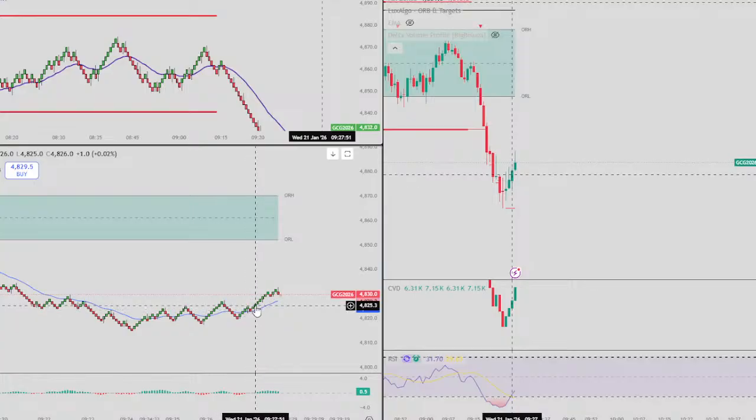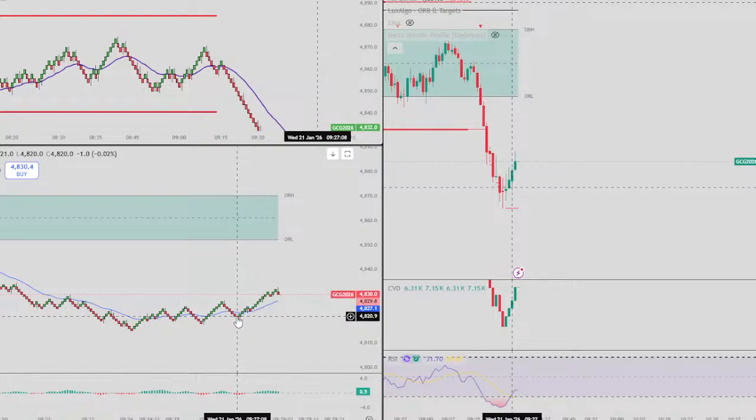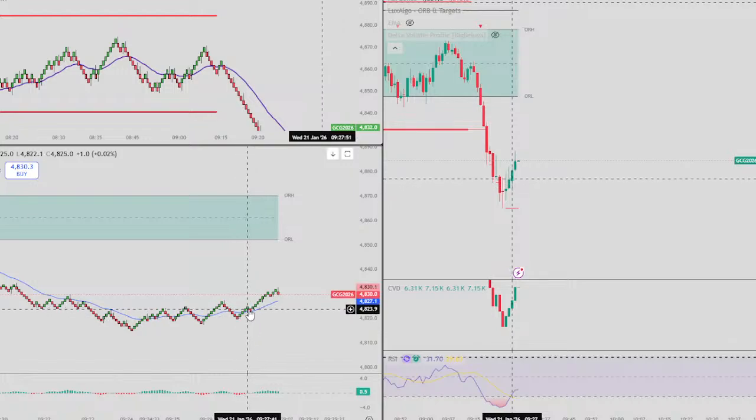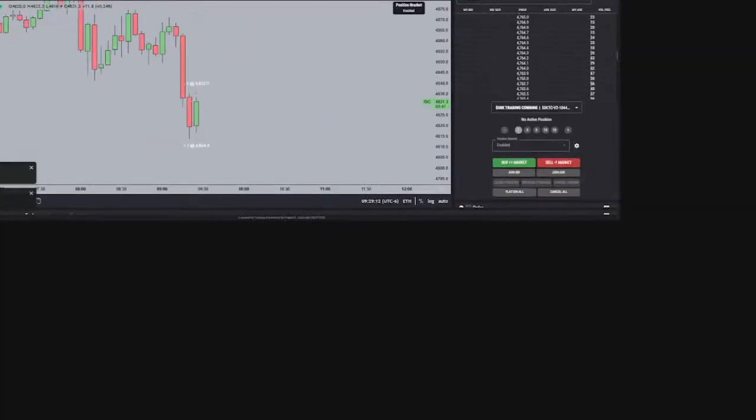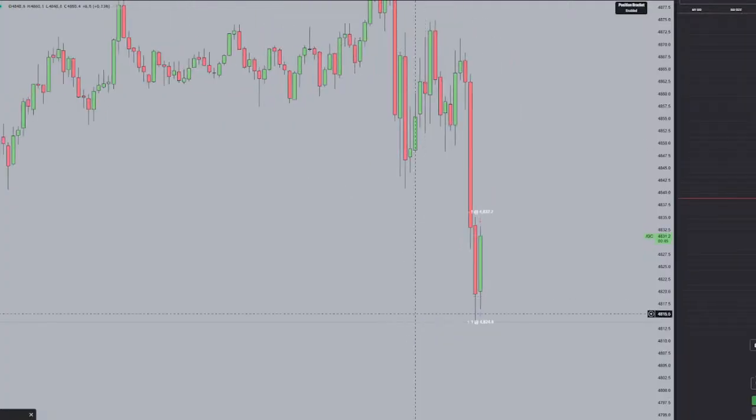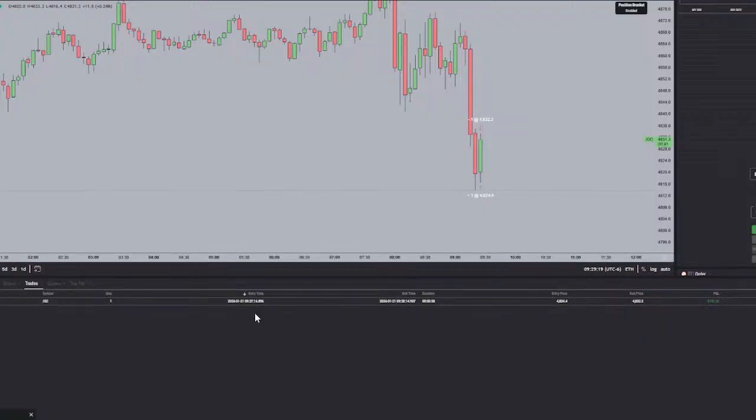I think we pulled down, we started pulling up, and I got in right here. Actually, no, I can tell you exactly where I got in. One second, let me bring this over. Okay, let me pull this up. This will tell you exactly where I got in.